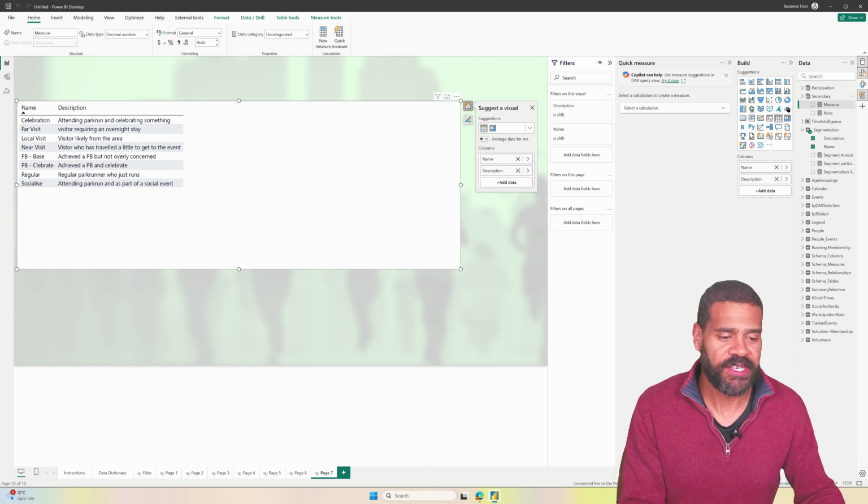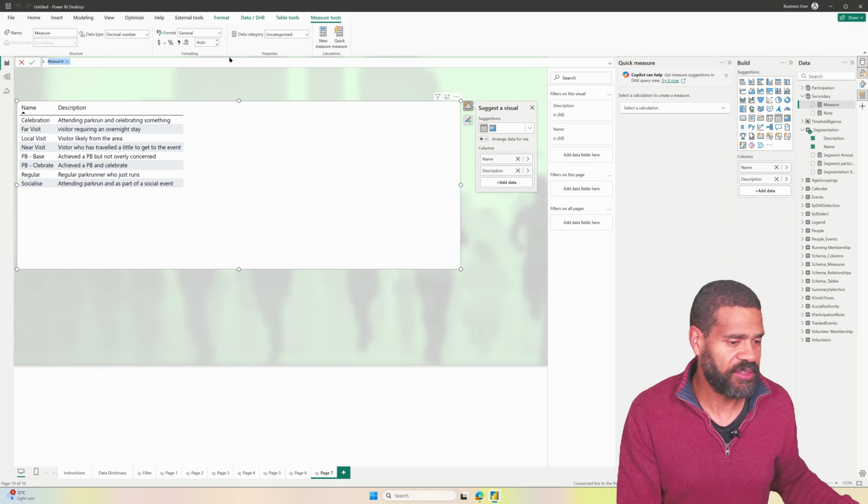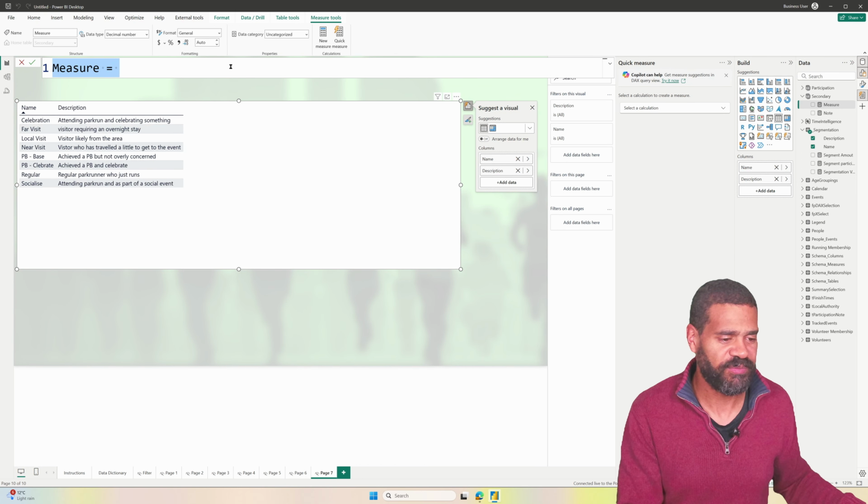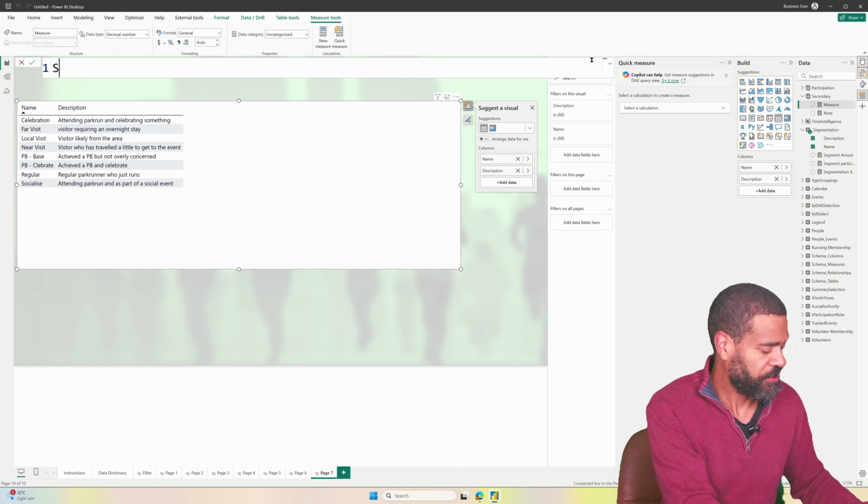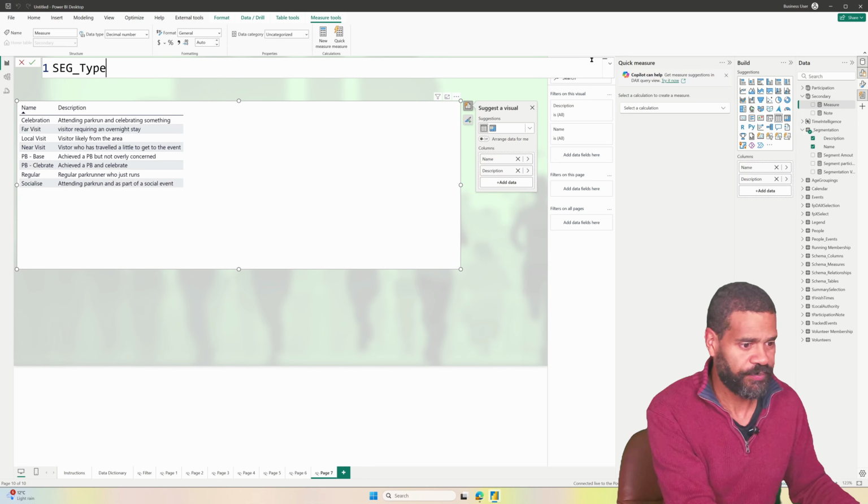So let's right click, a new measure. Let's zoom in on this. We're going to call this seg type, because that's what we're going to divide this by. This is going to be SELECTEDVALUE.